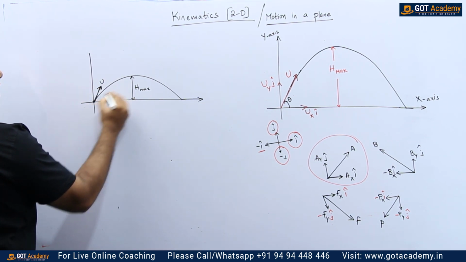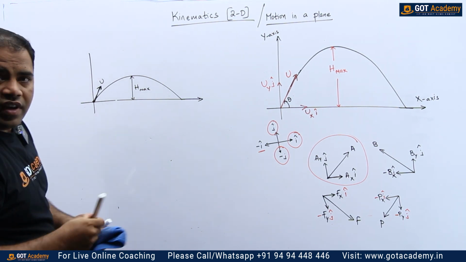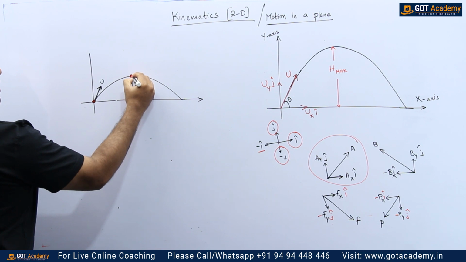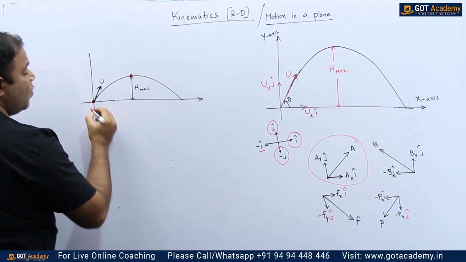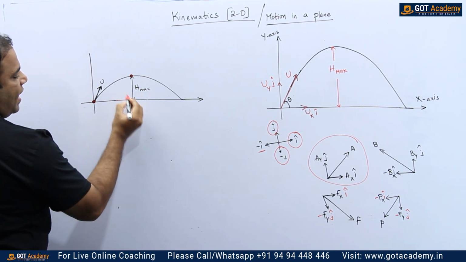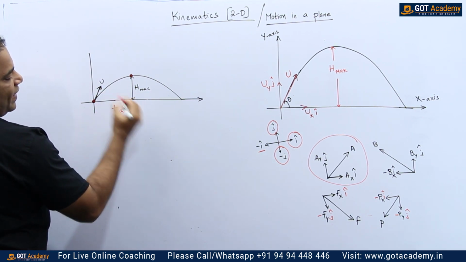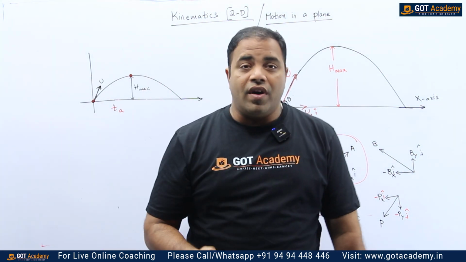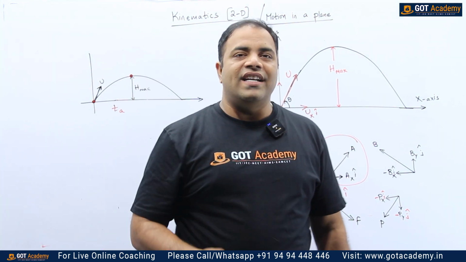From here to here, you need some time. So the time required for a body to move from ground to maximum height is called time of ascent, the time taken by the body to reach maximum height.